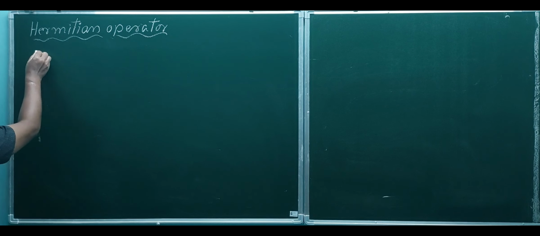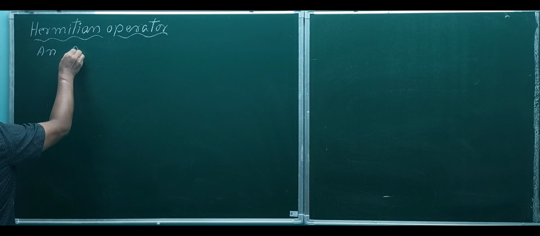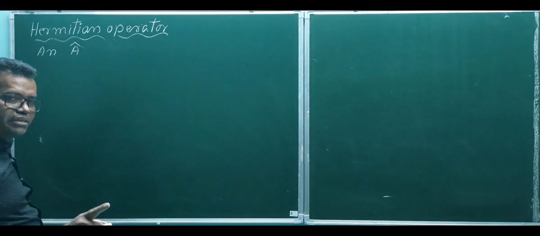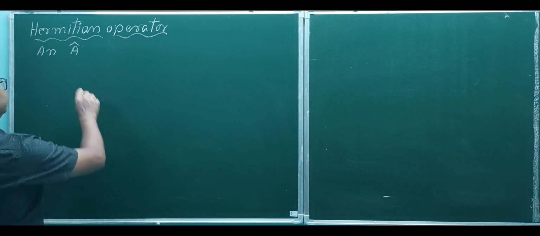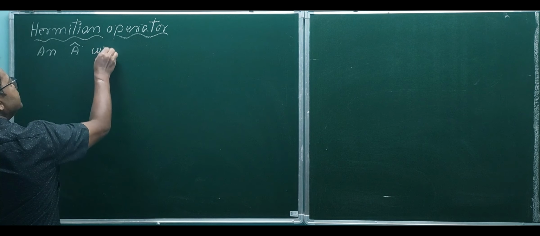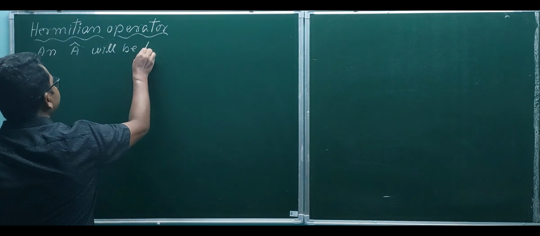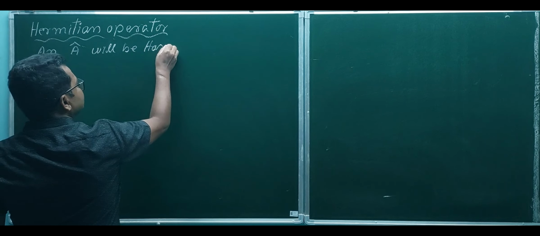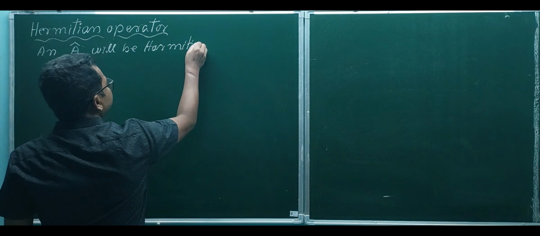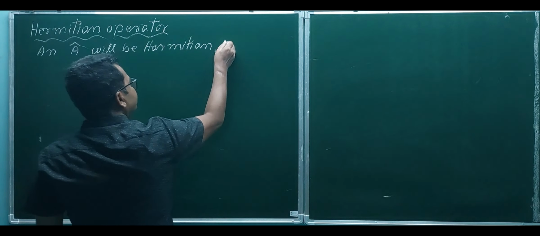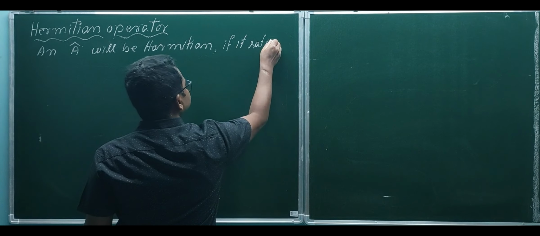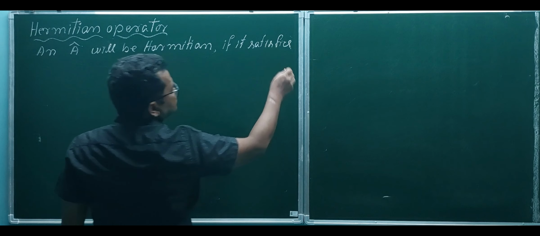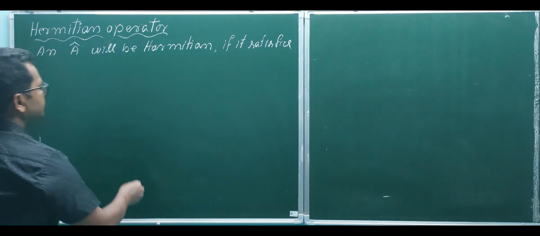An operator A will be Hermitian if it satisfies the following condition.